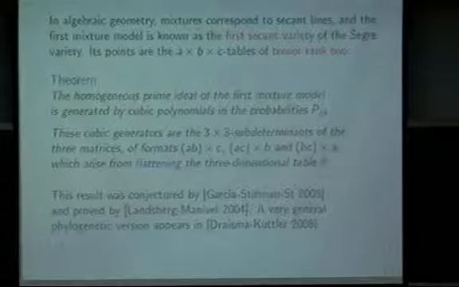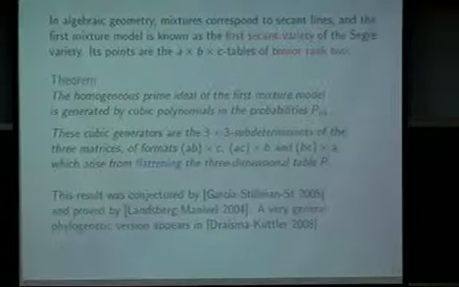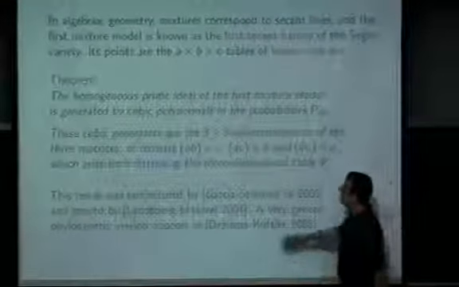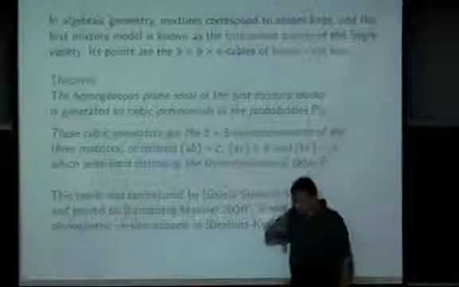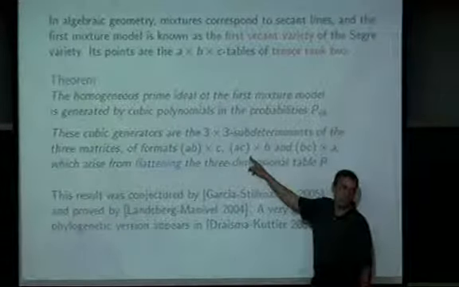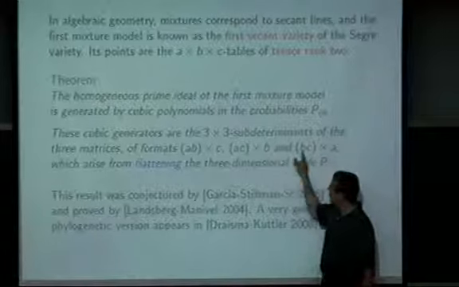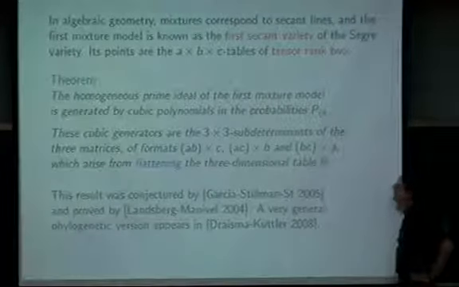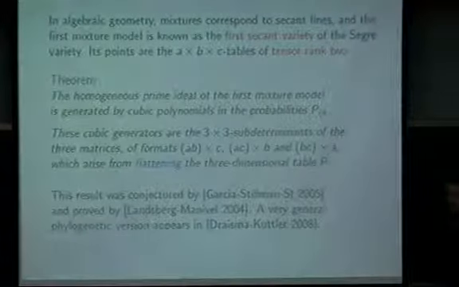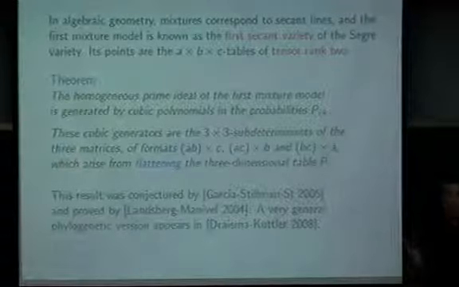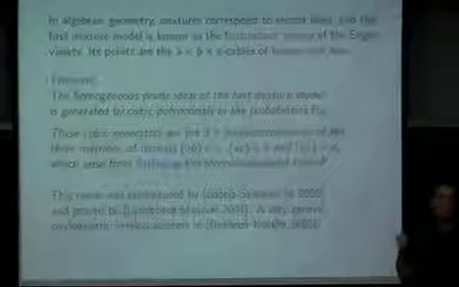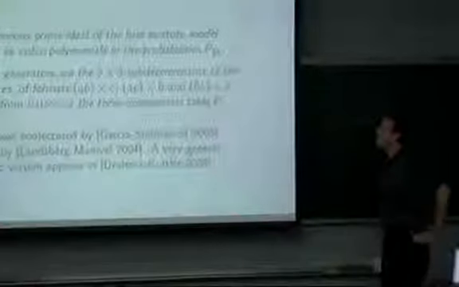I can lay it out as an ordinary matrix of format AB times C, or as a matrix AC times B, or as a matrix of format BC times A. A moment's thought convinces you that the 3 by 3 minors of these ordinary flat matrices must vanish on our mixture model, and the theorem says the converse is true as well.